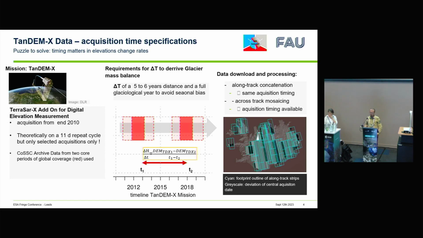So a little bit about timing here. TanDEM-X is basically a SAR interferometer with the mission goal to derive global DEMs, and the period of acquisition is more or less covered in this center panel by these red dashed rectangles. You could think, why are these such large time spans to acquire a global DEM? Well, there is an 11-day repeat cycle of this twin satellite, but the mission design does not include continuous acquisition.